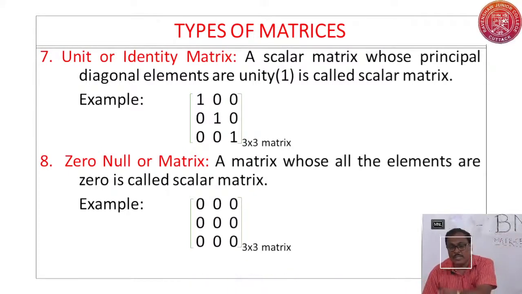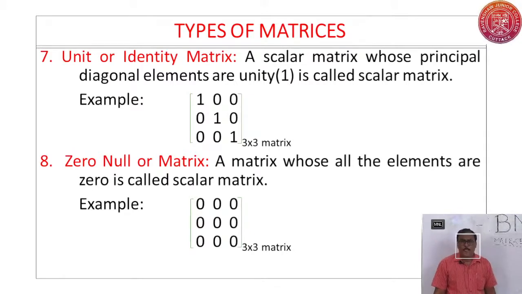In this example also they are equal, but they are unity, that is 1. So a unity or identity matrix is a scalar matrix whose principal diagonal elements are 1, or unity, and it is called the unit matrix or identity matrix.